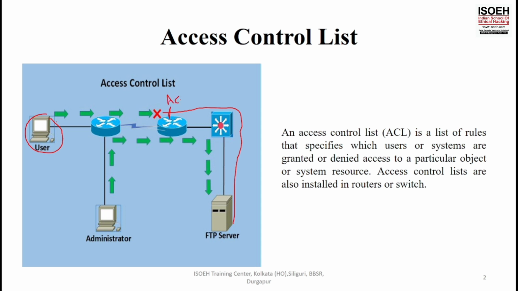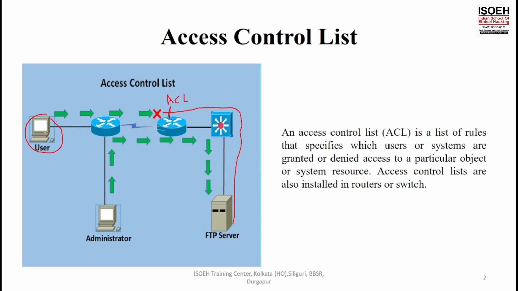Any traffic coming from the user computer is blocked by the ACL router. But when the administrator tries to connect to the FTP server, the packet is delivered, which is called packet filter traffic. So it is performed totally based on ACL.